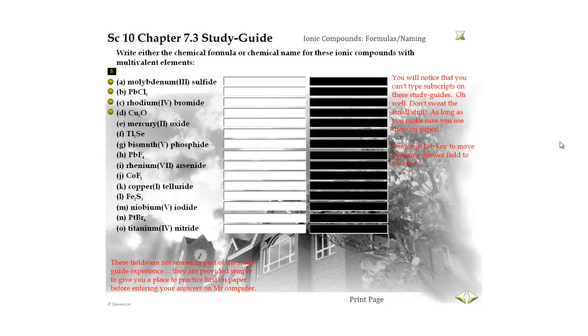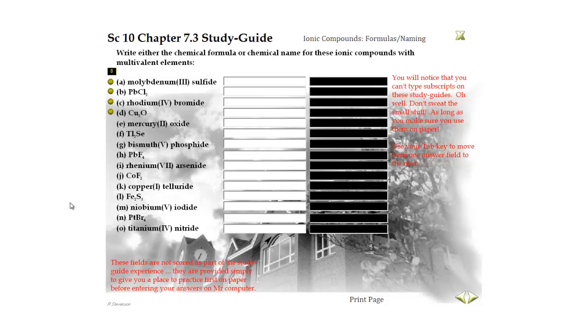And by multivalent, you know what those are. So what I would encourage you to do, based on the previous notes, is to attempt at least the first 4 on your own, and I'll then go over them with you just to make sure you're on the right track. Again, you're going to need your periodic table to do that. So feel free to stop the tape at this point and try them.